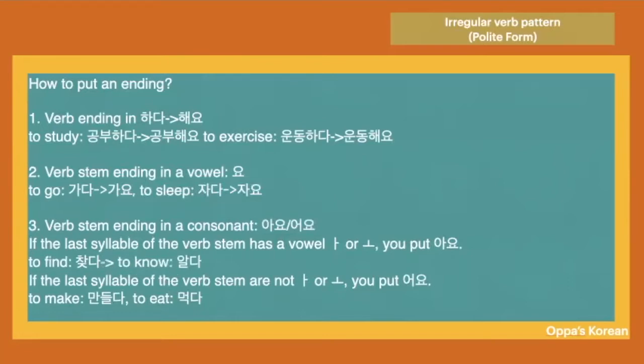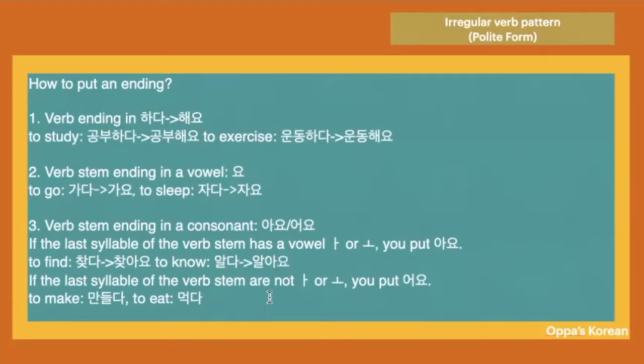The stem is 찾. The stem ends in a consonant, and the vowel of the syllable is ㅏ, so you put 아요. Another example, to know, 알다. The stem is 알. The vowel here is ㅏ, so you put 아요.